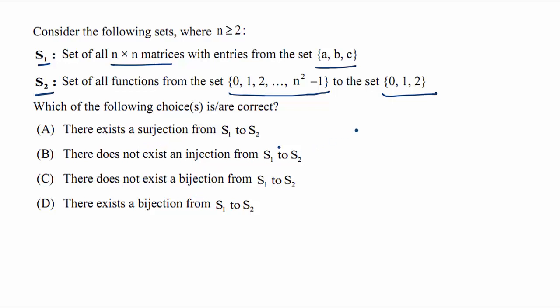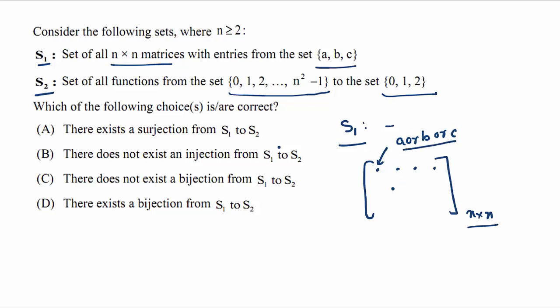Okay. Let's first see what S1 is. S1 is a set of all n into n matrices with entries from the set {A, B, C}. Suppose there is one n into n matrix and the entries of this matrix are coming from A, B, C. So either the entry could be A or B or C, right?